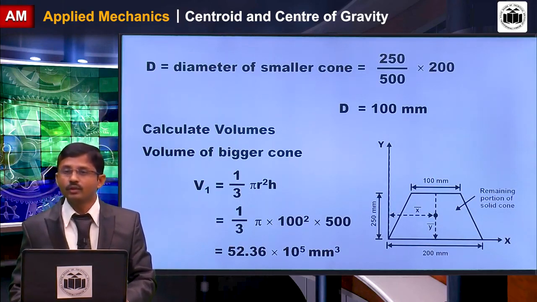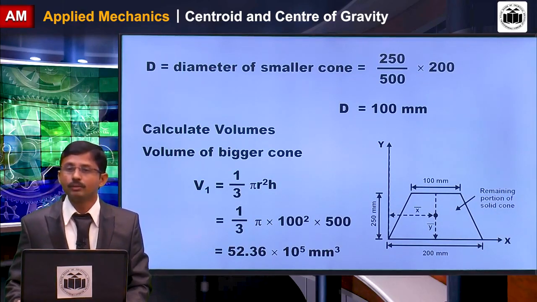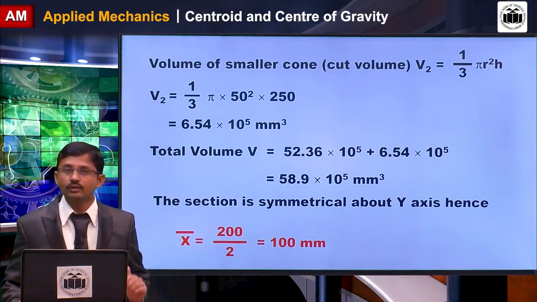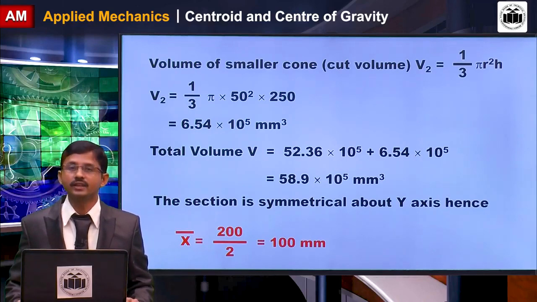Then you can calculate the volume of the bigger cone, that is 1/3 pi r square h, and the volume of the smaller cone, that is 1/3 pi r square h, and you will get the total volume. This particular solid is having symmetry about the y-axis, hence we will get x bar as 200 by 2, that is 100 mm.